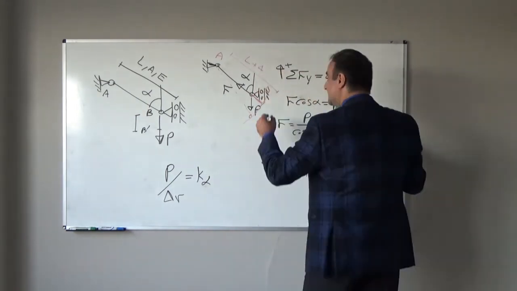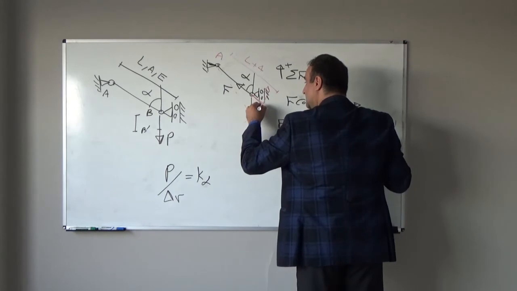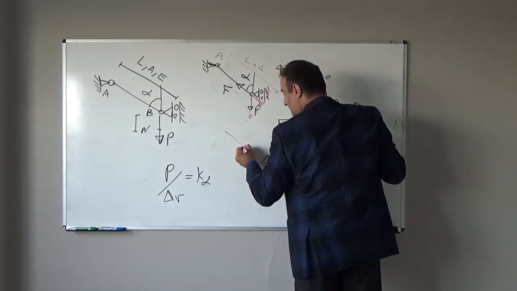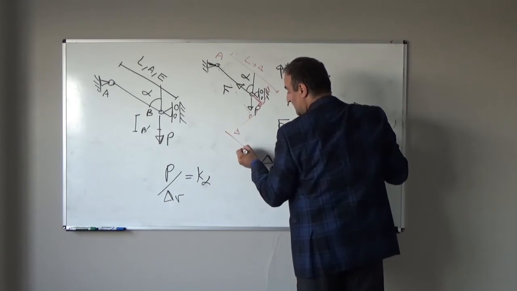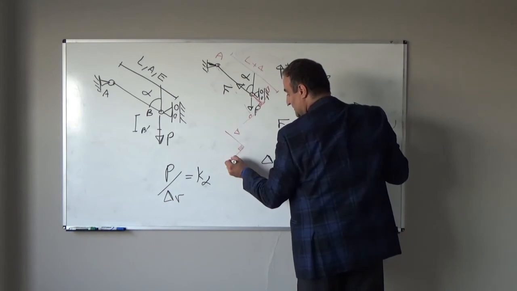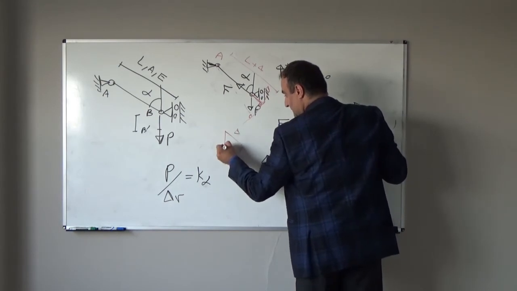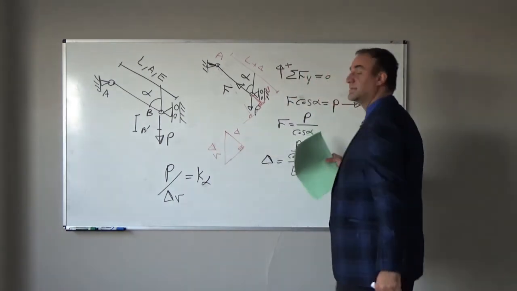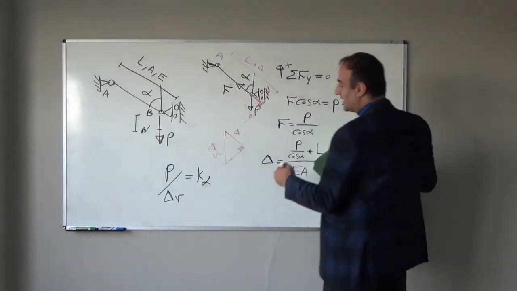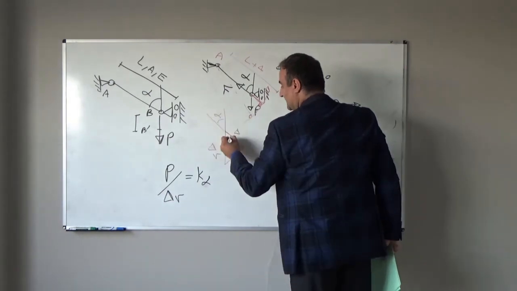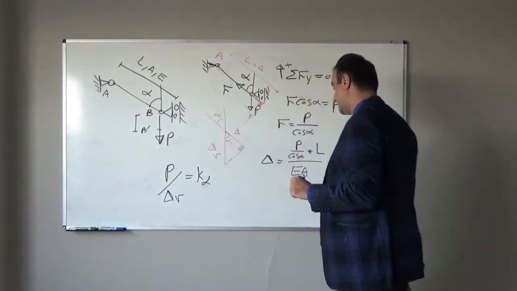The tangent to the pathway will be perpendicular to this member. So if deformation is delta, if I draw perpendicular to this deformation delta, in this triangle, this will represent delta V. Because this angle was alpha, this angle now is alpha too.